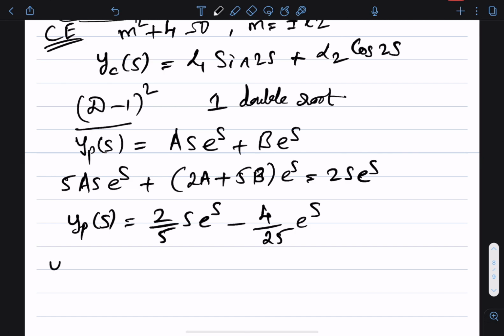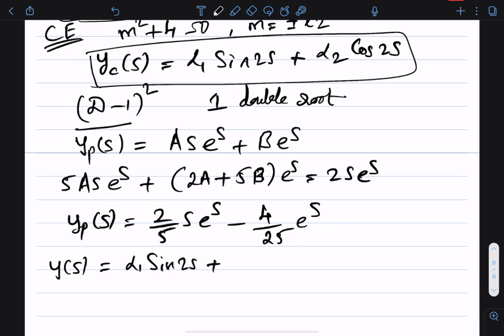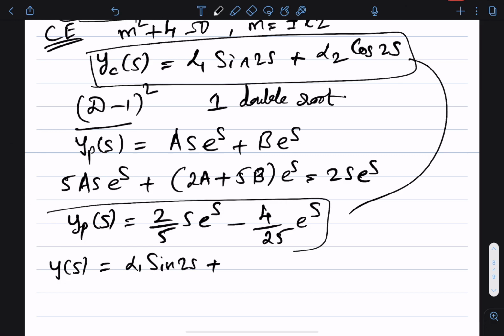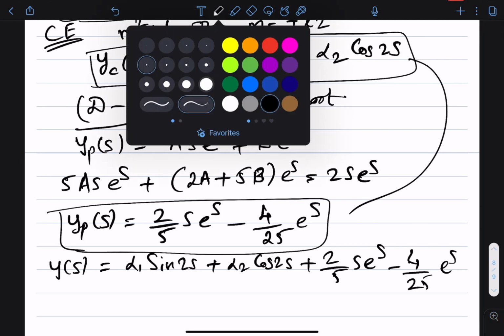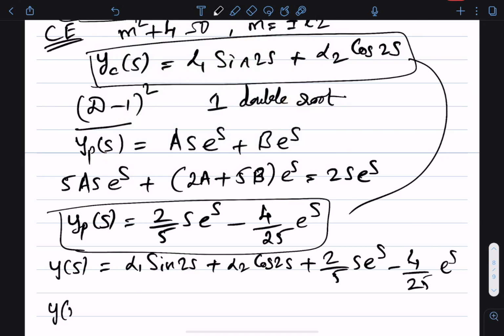That's going to give you the general solution in the s variable, which is the complementary function alpha 1 sine 2s plus alpha 2 cos 2s, plus this particular integral, 2 over 5 s e power s minus 4 over 25 e power s. Now we want a solution in terms of the x variable. So wherever you have s, you put in log x.